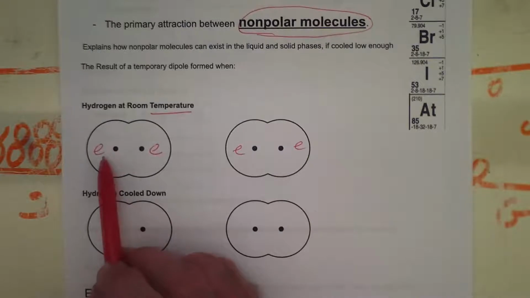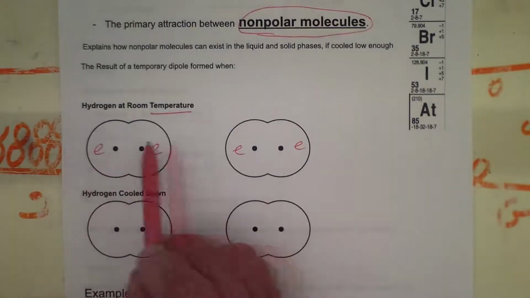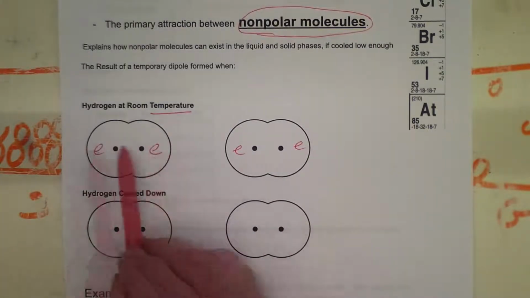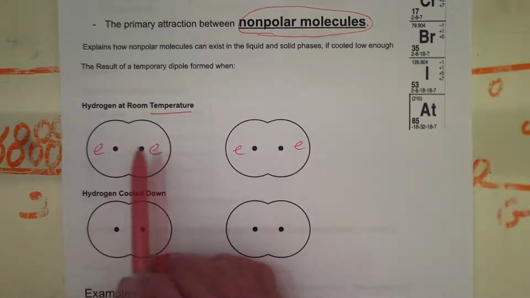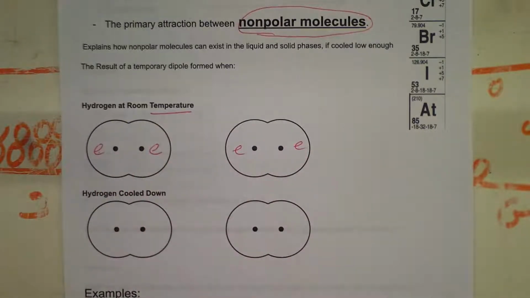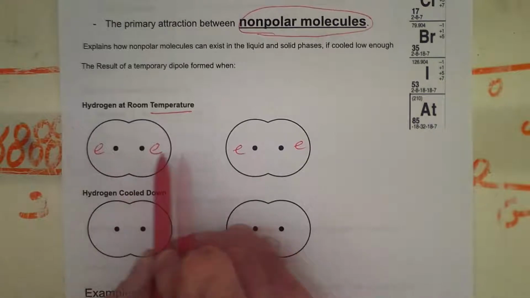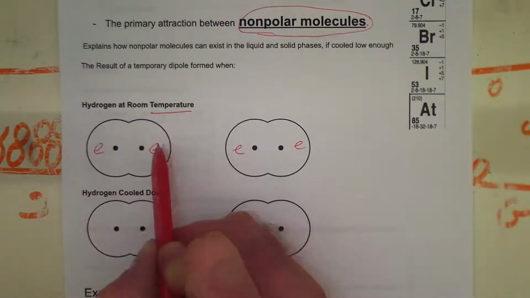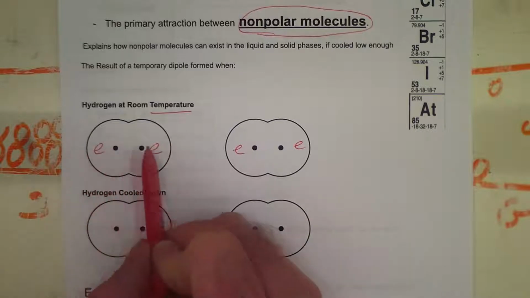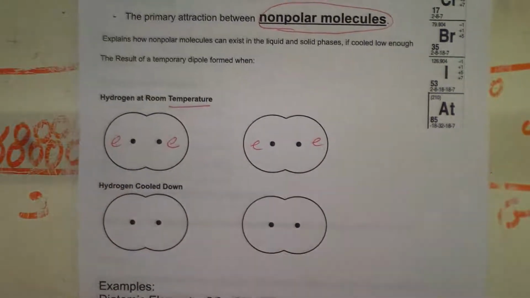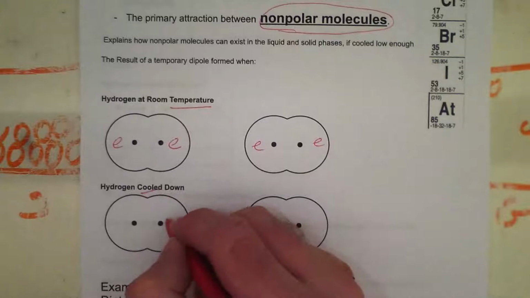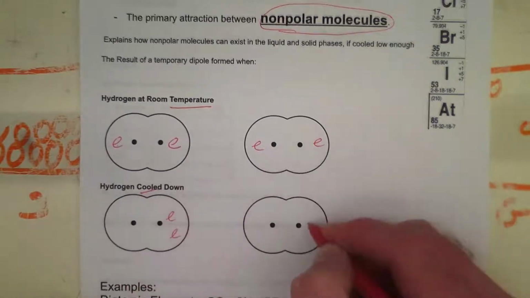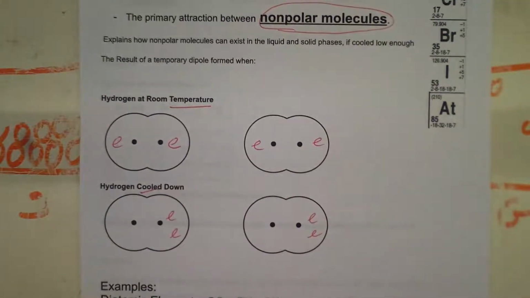But these electrons are always whizzing back and forth between the atoms in the bond, and the net result is that they're kind of on both sides. If you were to slow this movement down, where they were spending more time on one side and then more time on another side, instantaneously, you could have both the electrons on one side, just for an instant.